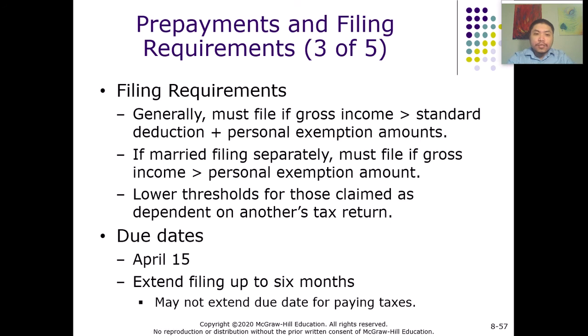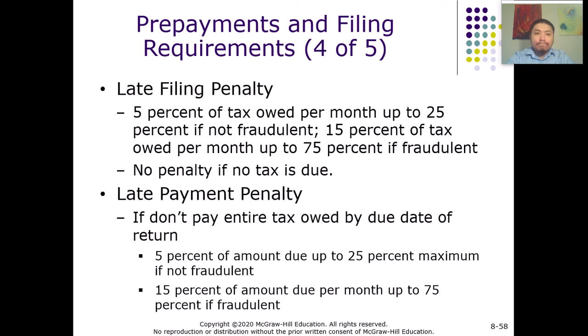So, what is the penalty for late filing, and then late payment as well? For late filing penalties, it's going to be 5% of the tax that the taxpayer owes per month, and the maximum penalty is going to be 25% of the owed amount, if the taxpayer simply filed late and is not subject to any fraudulent activities.